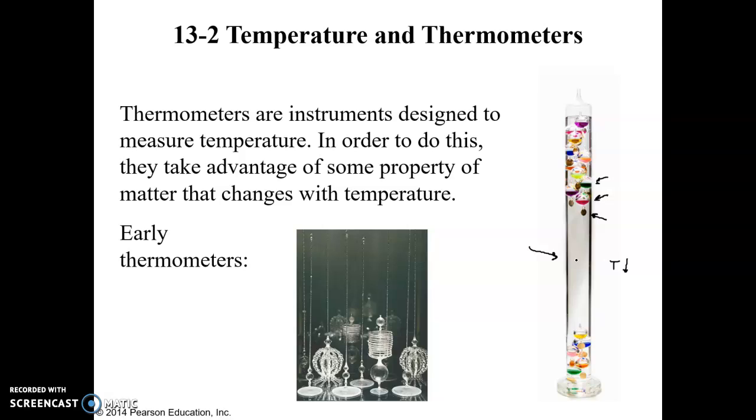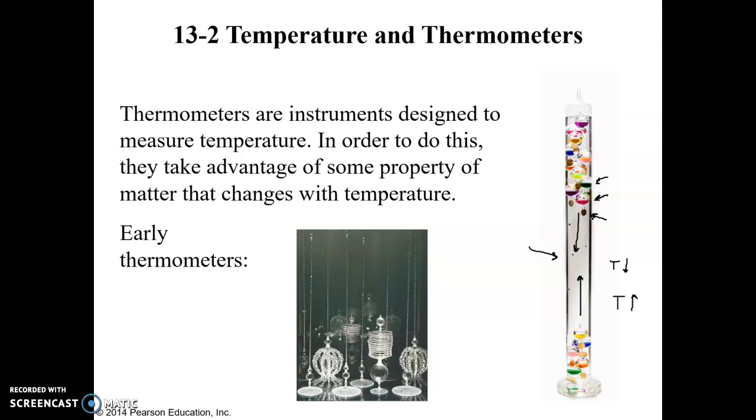The denser fluid will cause more of these glass bubbles to float, and so they rise to the top. If the temperature goes up, the molecules get farther apart, and so therefore the fluid is less dense, and in the less dense fluid, these glass bubbles will drop.